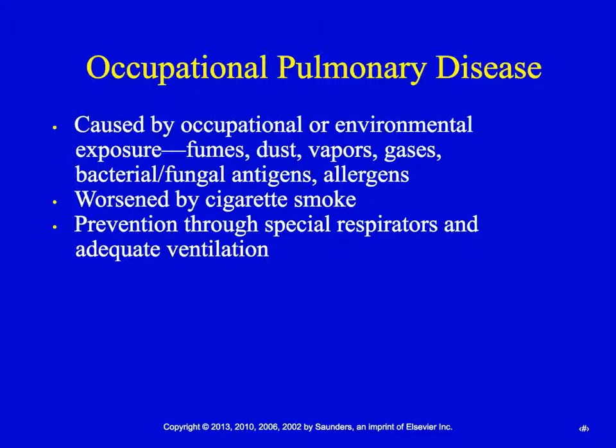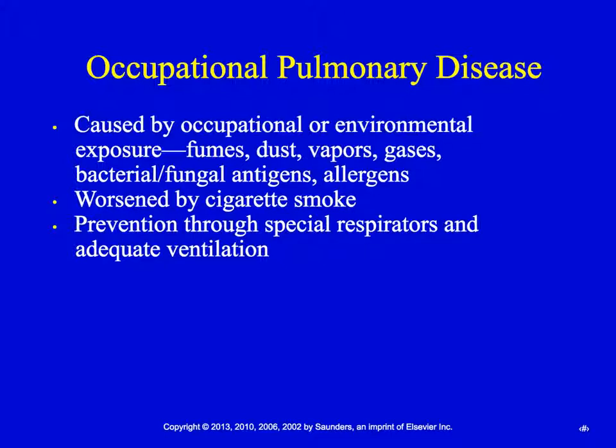So most areas that employ workers in an area that has been identified as having these environmental hazards should provide the proper tools for the workers to prevent being exposed.